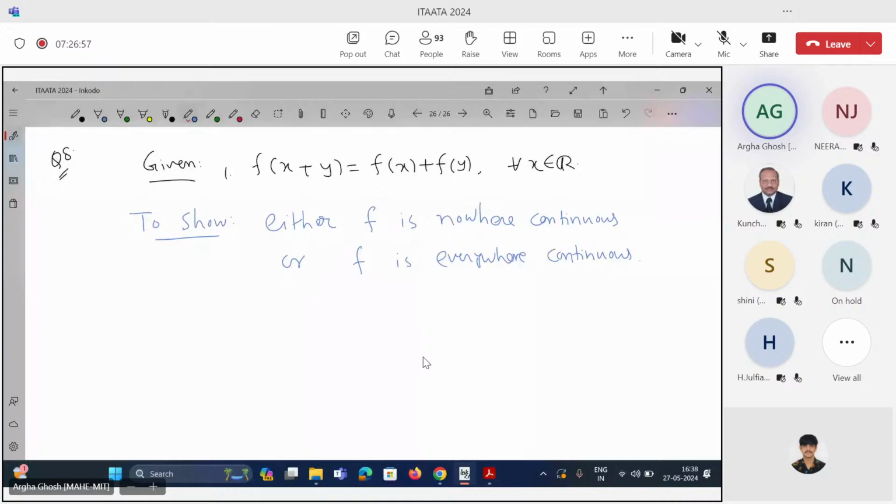From there you have to get that it is continuous everywhere. Obviously, you have to use the fact that it is additive. Okay, so go one by one.